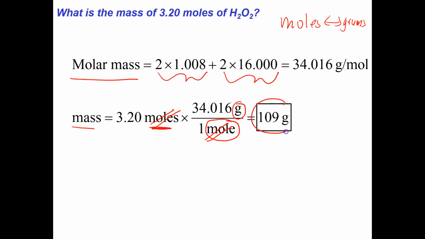Now my answer here makes sense because in 1 mole there's about 34 grams and I've got a little over 3 moles, so 3 times 34 should give me a number that's a bit bigger than 100. And sure enough, what do I get? 109 grams. Note again, I rounded to 3 significant figures.